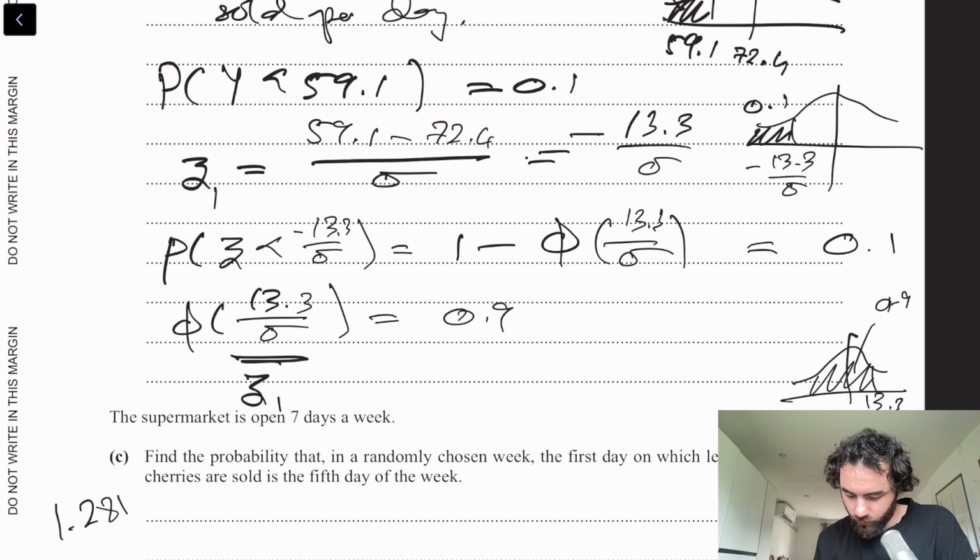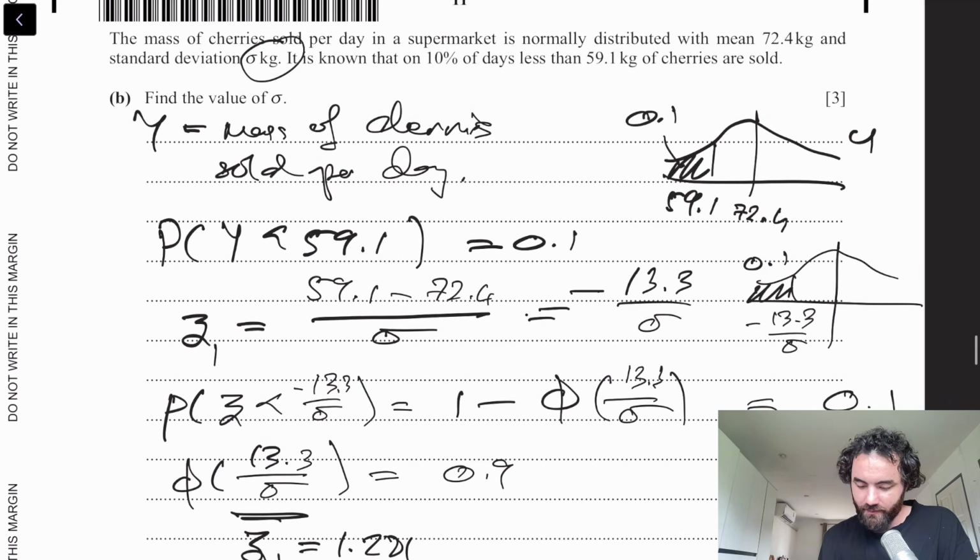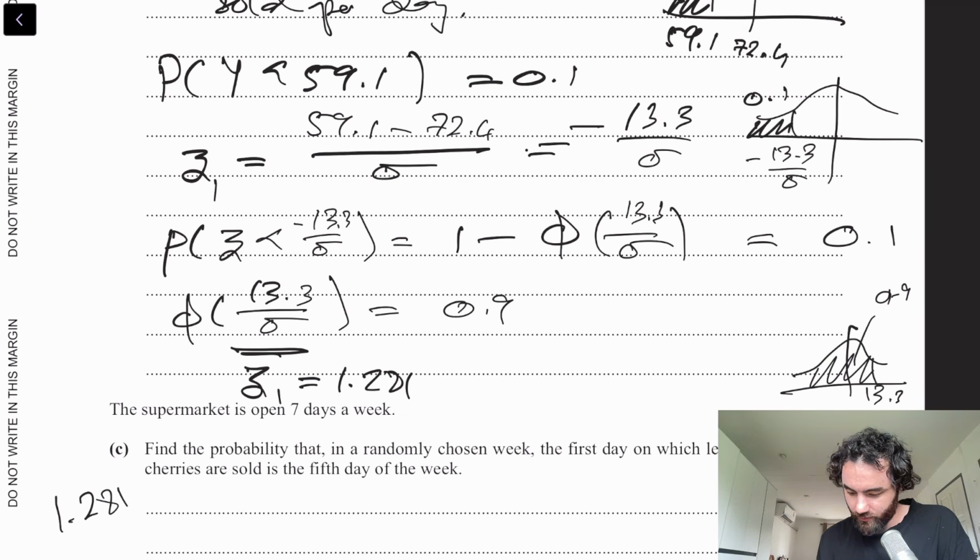Okay, so the z value which gives an area of 0.9 is equal to 1.281 from our table. Therefore we can say that 1.281 equals 13.3 over sigma.